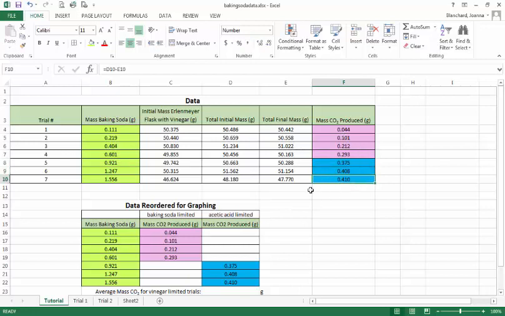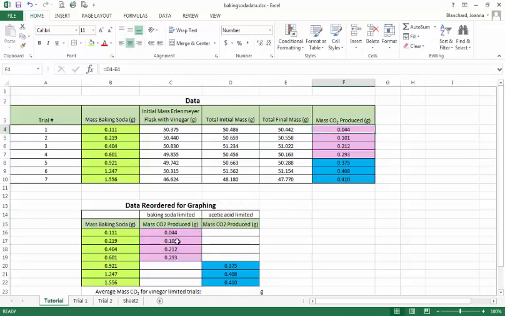So I have reordered that data down here. Excel likes you to have your X variable data in the leftmost column, and then your Y variable data sets you can have any number of columns to the right. So my first data series is the pink data from up above.